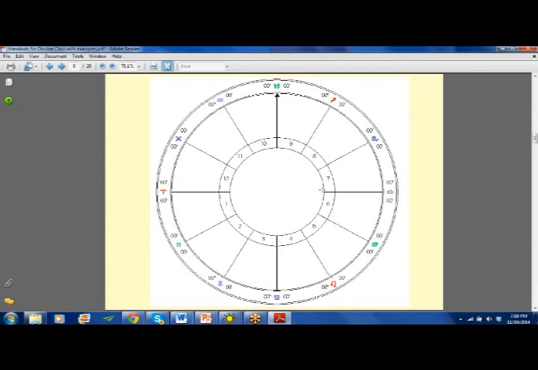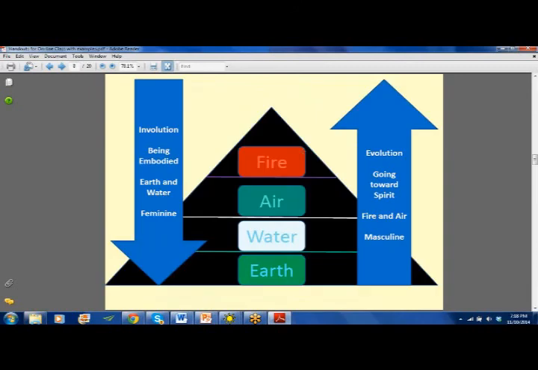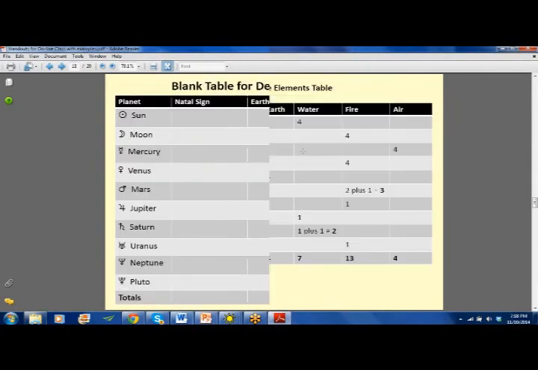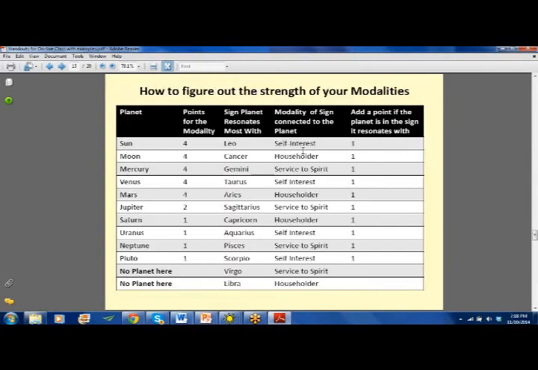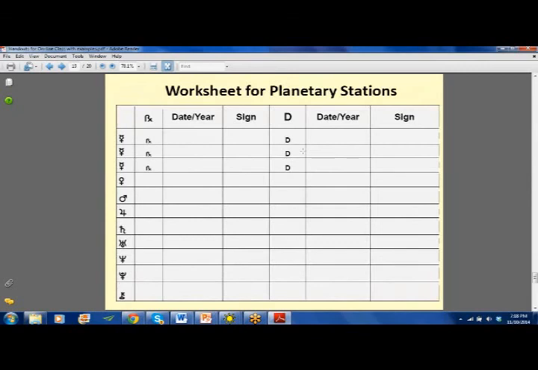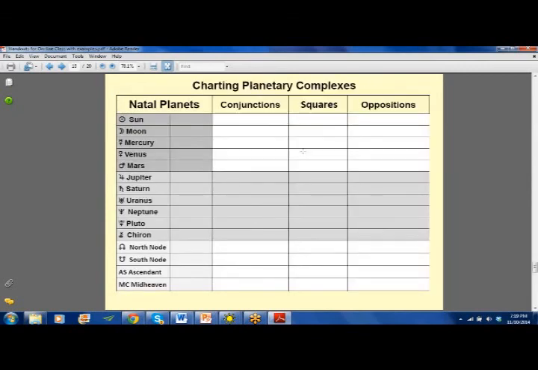It's a great way to get more familiar with your own chart. Even if you're familiar with it, it's still a good way to deepen it. I've done it many times, and I think it imprints it more fully into your being to go through that practice. So one of the videos is for you to draw up your chart.